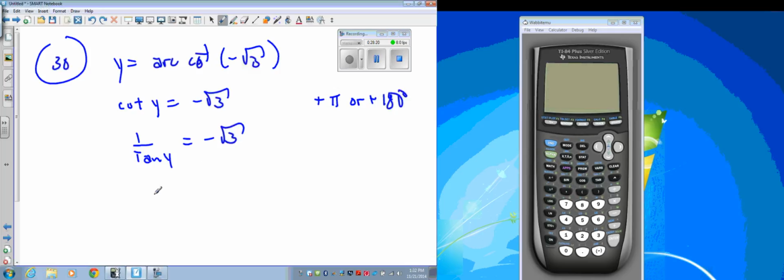Now, that means that if I invert this, I invert this. So that's tangent of y equals a negative 1 over the square root of 3. Now what I'm going to have to do is rationalize my denominator. And this is a negative square root of 3 over 3.